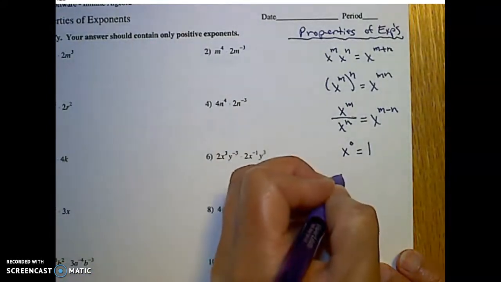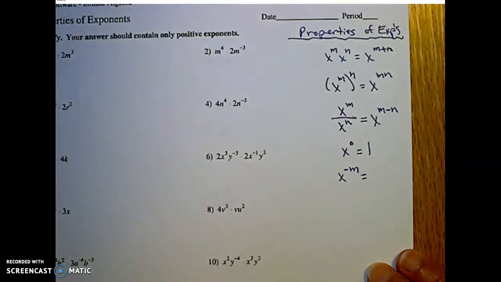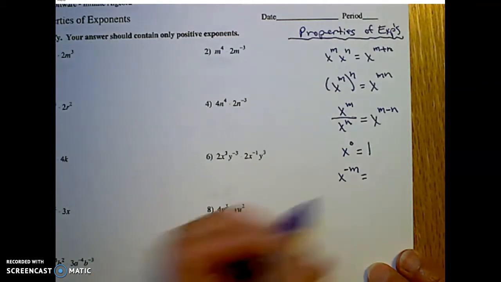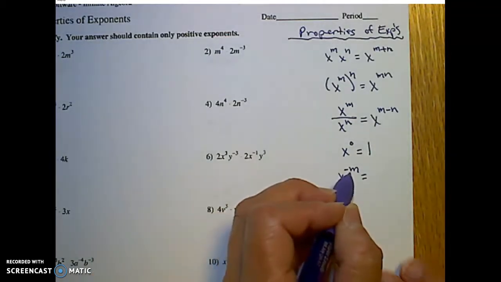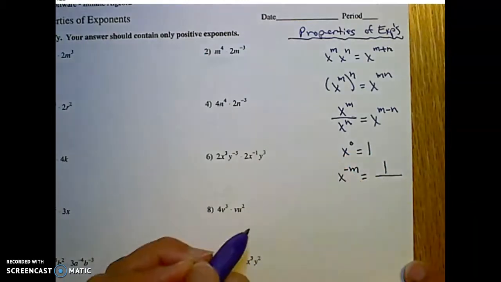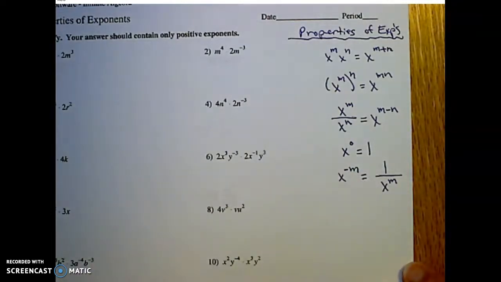If you have a negative exponent, x to the negative m power, we call it a reciprocal, it moves. So x to the negative m is the same as 1 over x to the m, and that exponent becomes positive when it moves to the denominator.